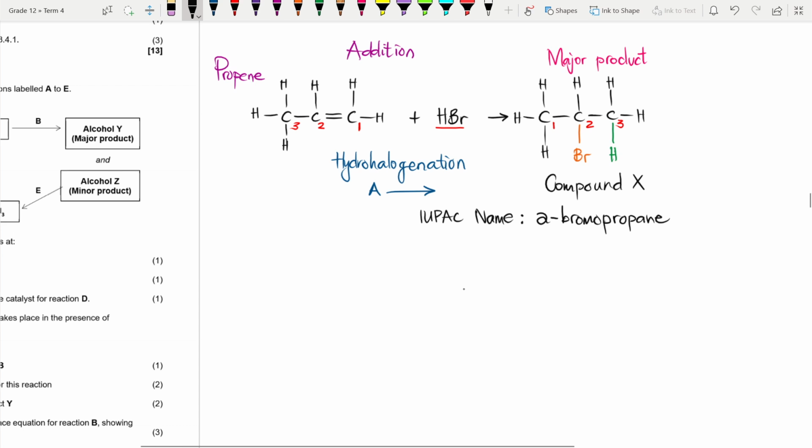If we go C's way in this direction, that's C. So we are going from a 2-bromopropane to a propene. What is that reaction called?